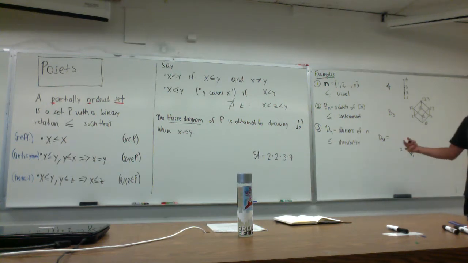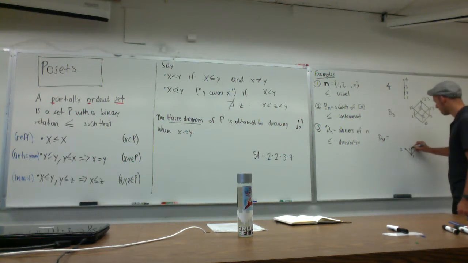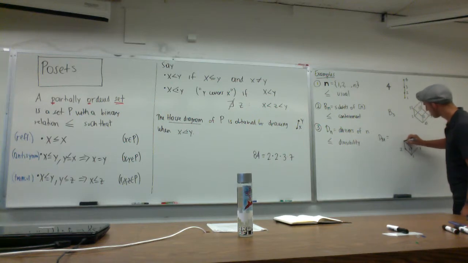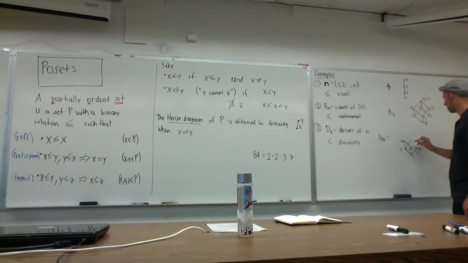In the next level, I'm going to get the products of 2 primes. Okay, so I get 2 times 3, which is 6. I get 2 times 7, which is 14. And I get 3 times 7, which is 21. Any others?